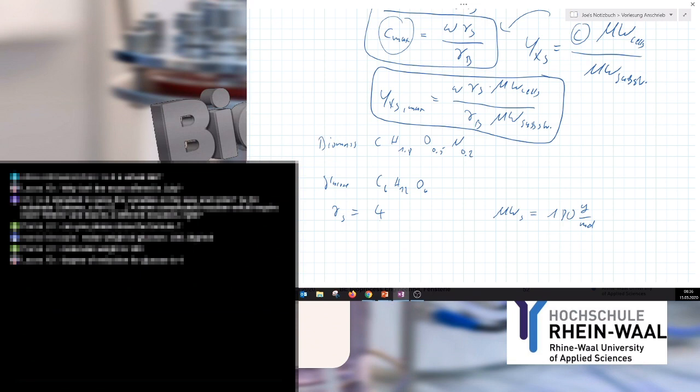And now let's come to the degree of reduction and the molecular weight of the biomass. What is the molecular weight of the biomass? Please come up with the values here. In parallel, you can of course also calculate the degree of reduction for the biomass.